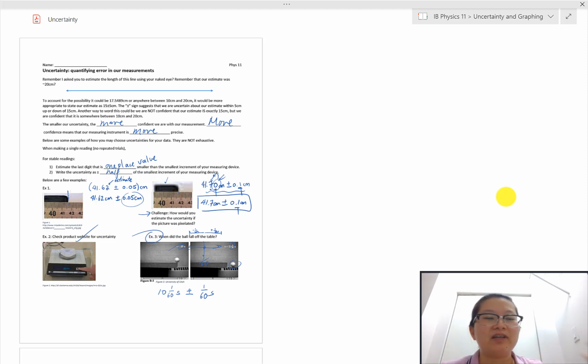I'm looking for how you're able to think through to get to the uncertainties that you've chosen for your data values. As long as you communicate that, write it out clearly, and explain your logic, we can always work something out. And that's what happens when you eventually have to do a lab or do your internal assessment for IB as well. It's the same idea.